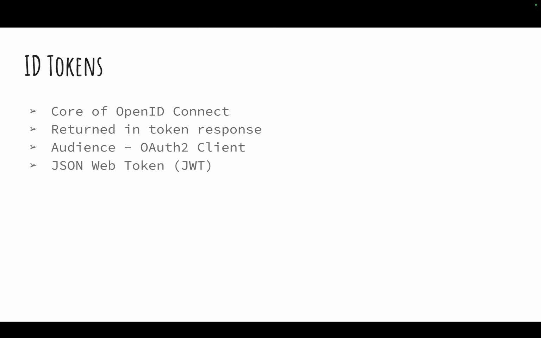ID tokens are always JSON Web Tokens or JWT, but we have seen that access tokens can be JWT or opaque, while ID tokens are always JWT. ID tokens may be signed using the private key of the authorization server, but it is not necessary because the client does not do any validation of the ID token. It just extracts the information out of these tokens.